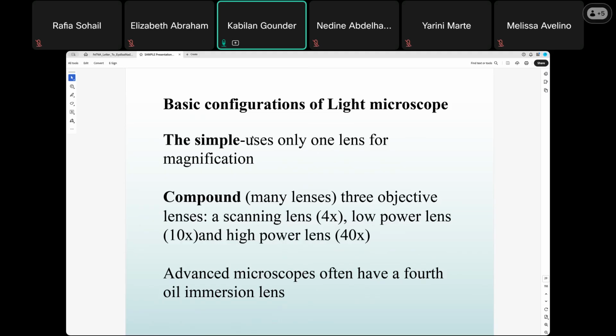We call it a compound microscope. There is another, the 100x with oil immersion, another microscope lens that is also attached to these microscopes.